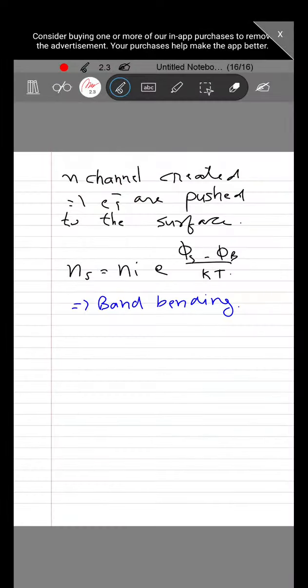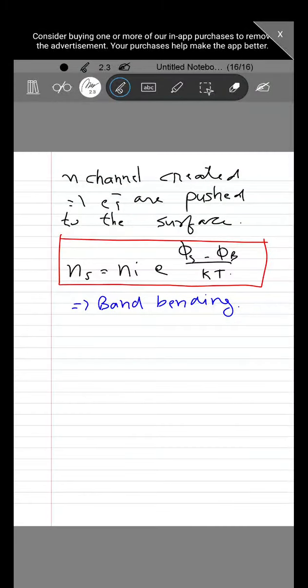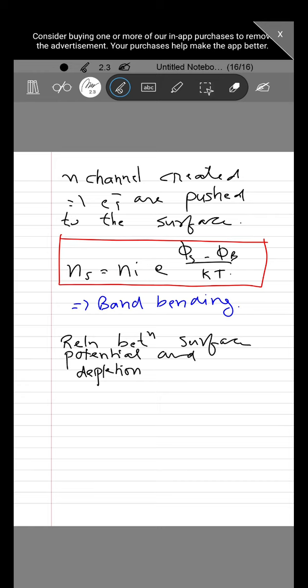Due to this, the relationship between surface potential and depletion width is phi S equal to e Na Wt square by 2 epsilon 0 epsilon r.